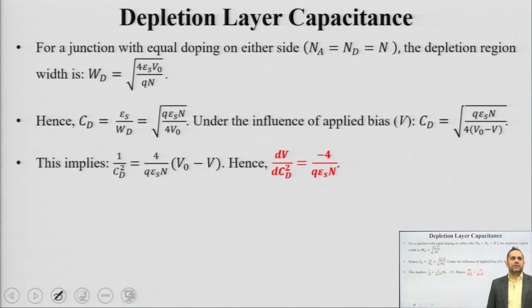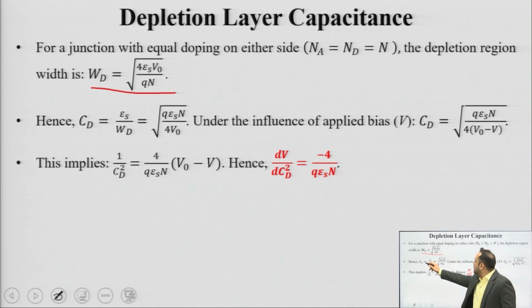Okay. So, for a junction with equal doping on either side, this is your depletion region width. Okay. V naught is the built-in potential, right. So, your depletion layer capacitance becomes equal to this value here. Okay. So, epsilon S by WD.